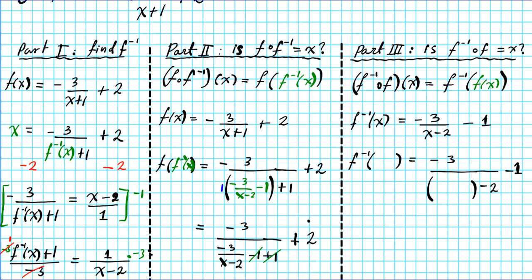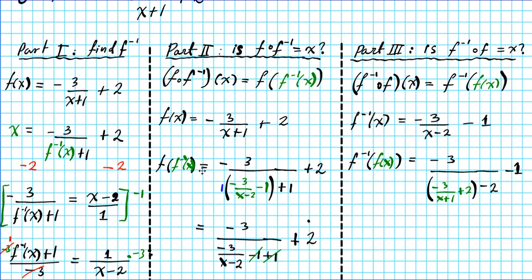Okay? Now we'll proceed to plug in our input function. The name of the function is f of x, and the value is negative 3 divided by x plus 1, plus 2.